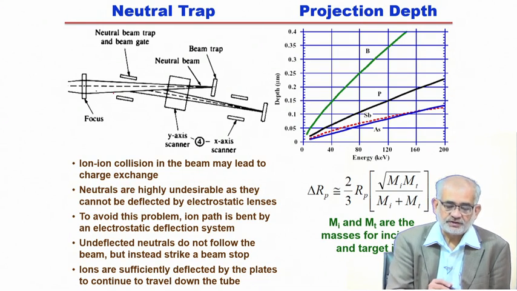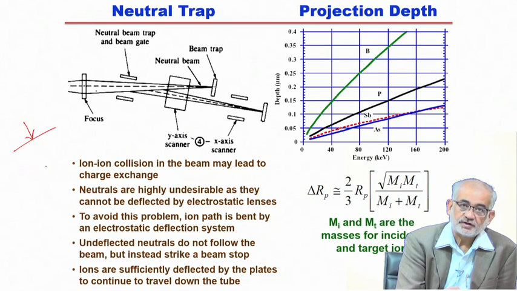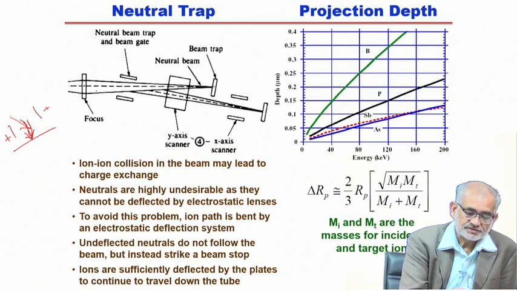So if you want very precise incidence at this very spot, and if the incident trajectory is like this, if you have an electrostatic lens, then you possibly can change the direction and make it fall exactly where you want. This is possible if it's a cation.